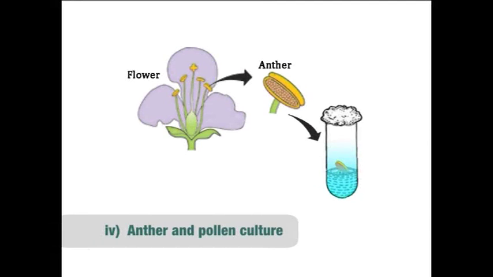The fourth type of plant organ culture that we are going to tackle is the anther and pollen culture. Anther culture is the technique of culturing excised anthers from unopened flower buds aseptically on nutrient medium, while pollen or microspore culture is the culture of isolated pollen grains.